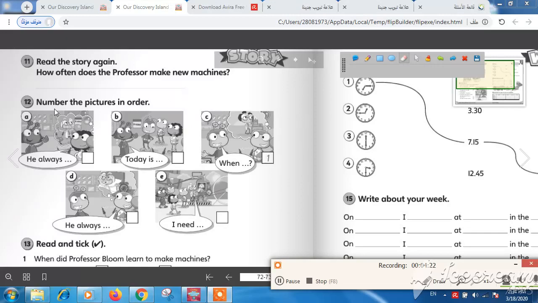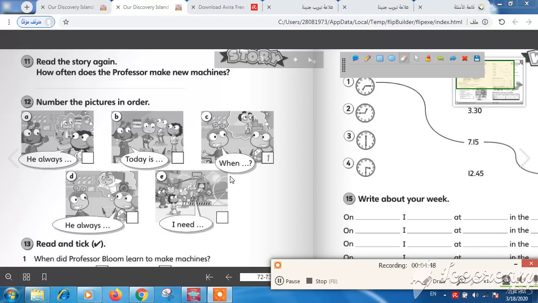Very good. In activity 12, you are going to remember the incidents of the story and number the pictures. As you know, the first one is done for you. When did he learn to make new machines? As you can see, Professor Bloom when he was young.